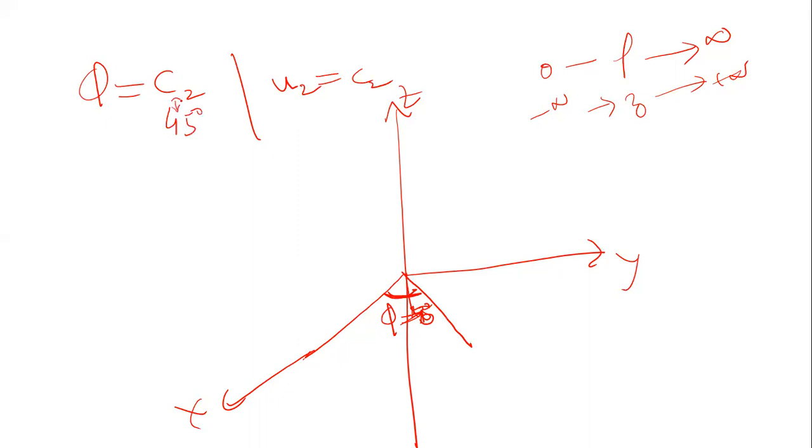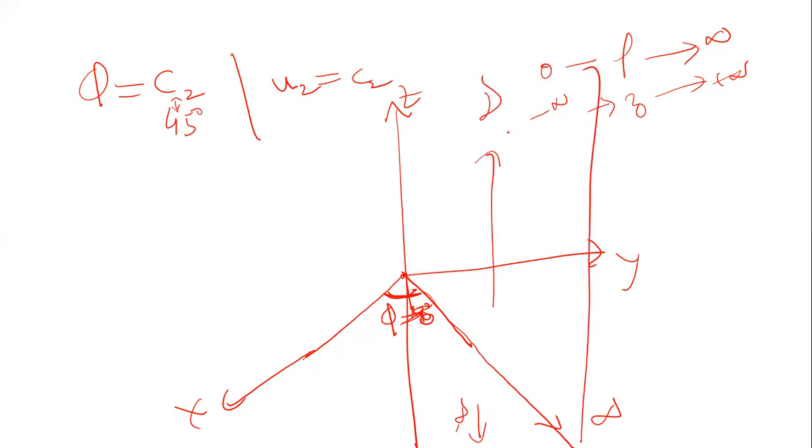Phi value is fixed, and rho value extends from 0 to infinity, means rho is 0 here. It starts from this point and extends to infinity. And z value can go from minus infinity to plus infinity. So if you extend the z value from minus infinity to plus infinity, you will have something like this.